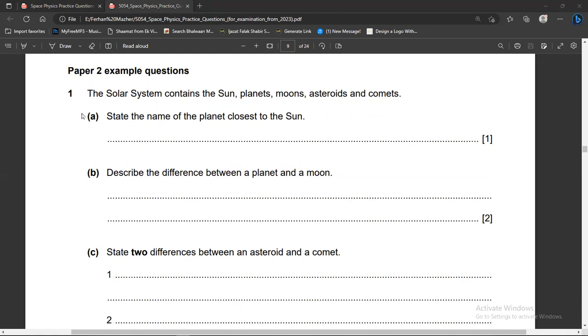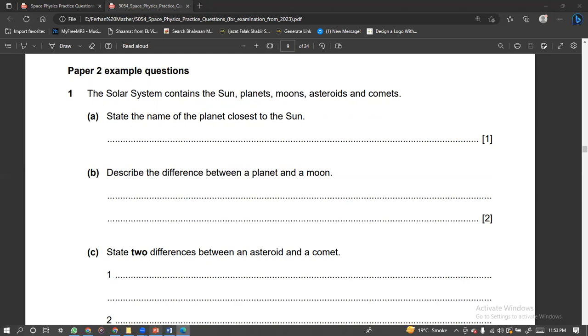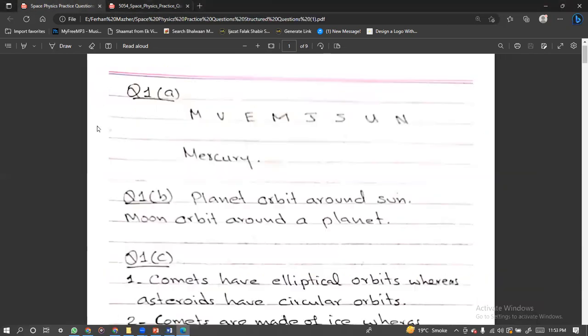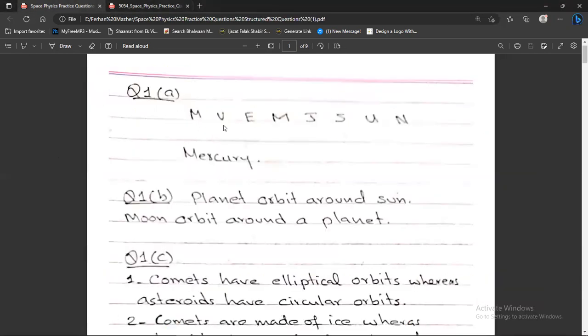It means Mercury, Venus, Earth, Mars, Jupiter, Saturn, Uranus, and Neptune. So the planet nearest to the sun is Mercury.